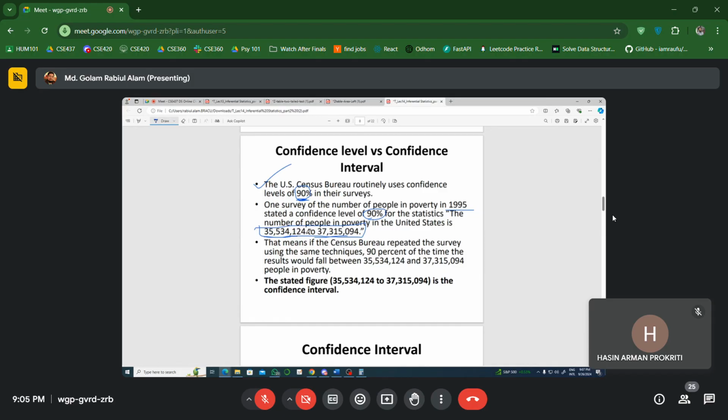That means 90% of the time, if they survey the people, they will find the number of people in poverty within this range. So that is our confidence interval of 90% confidence.